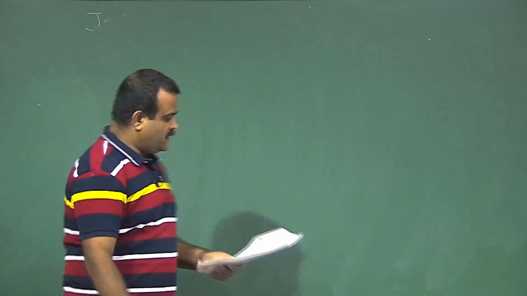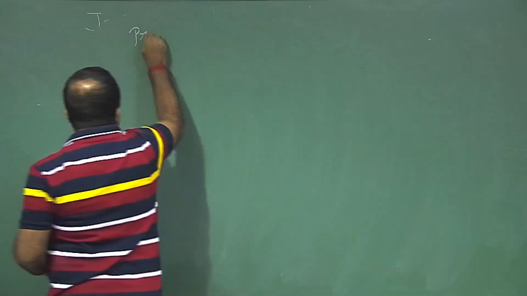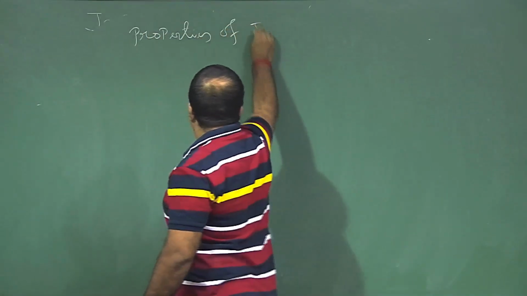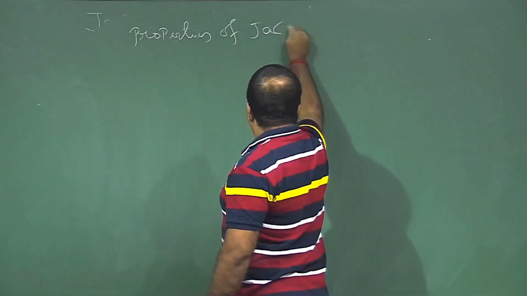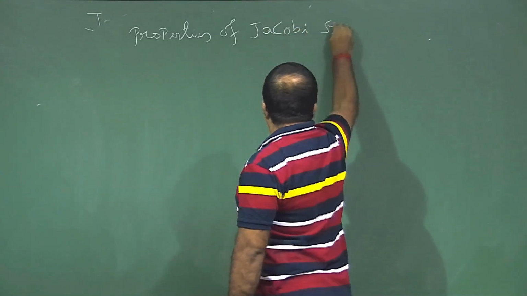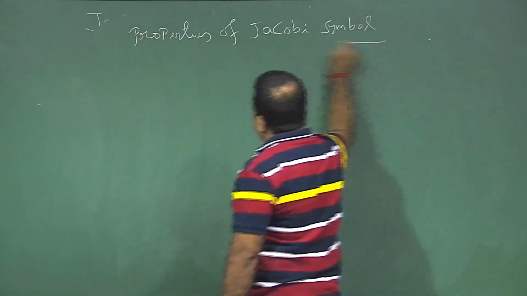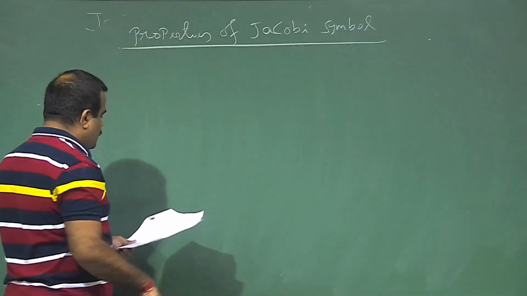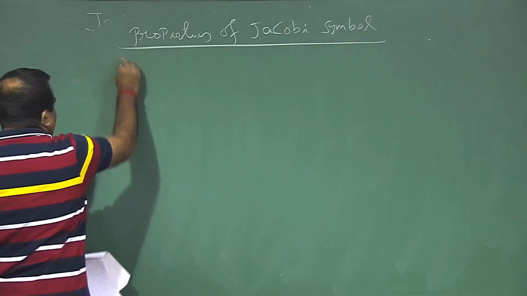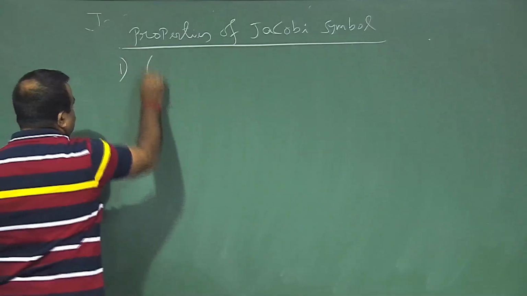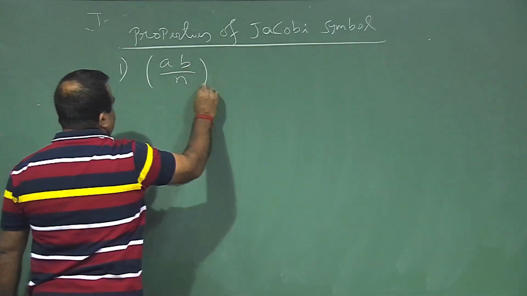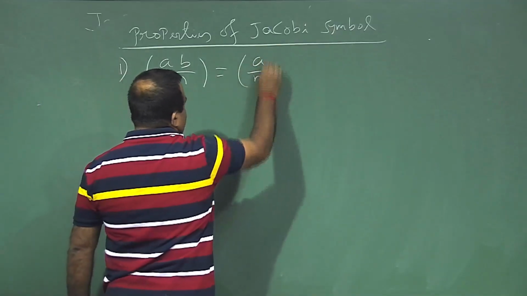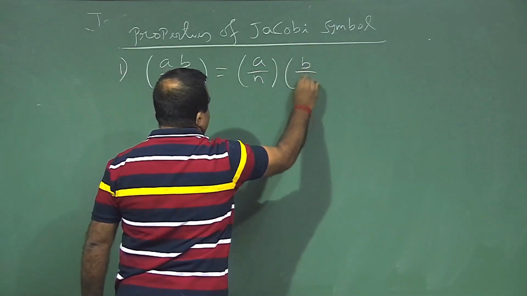Like the first property, we can write (ab/n) equal to (a/n)(b/n).